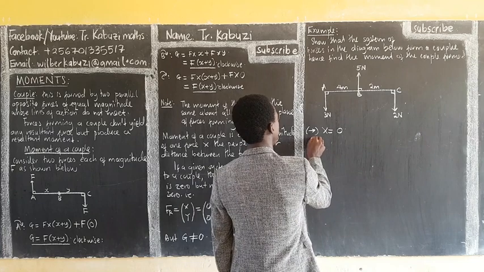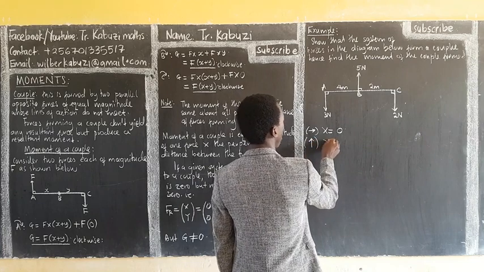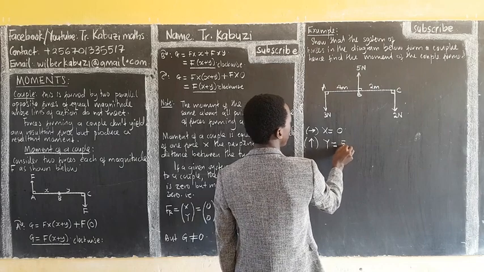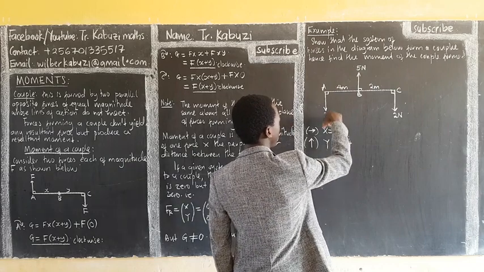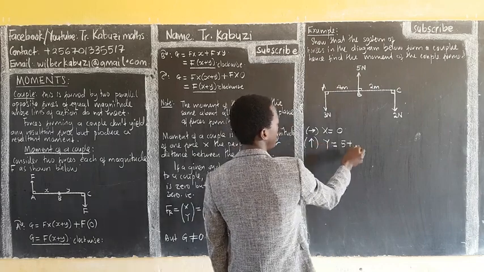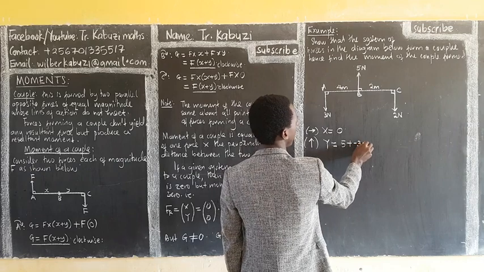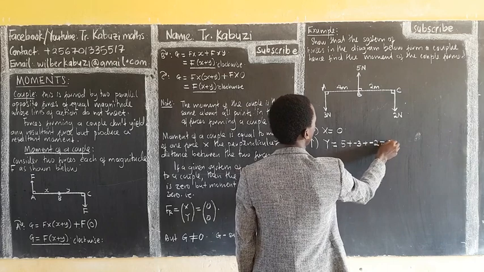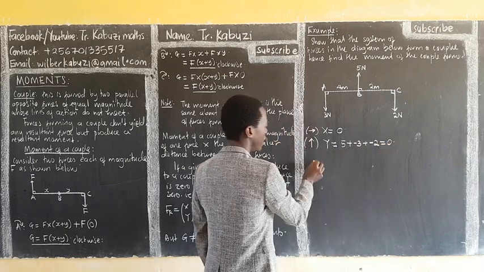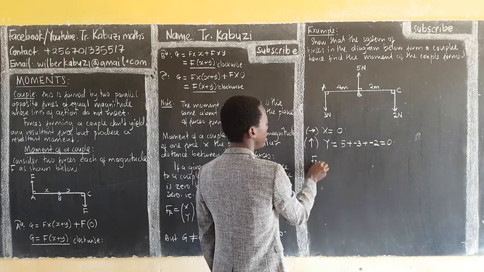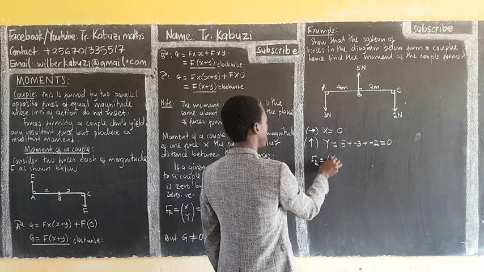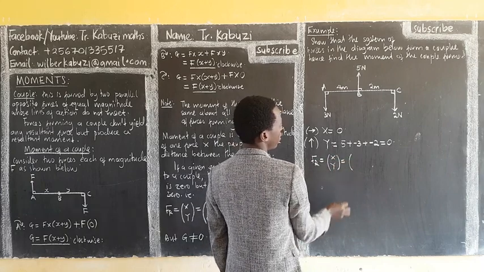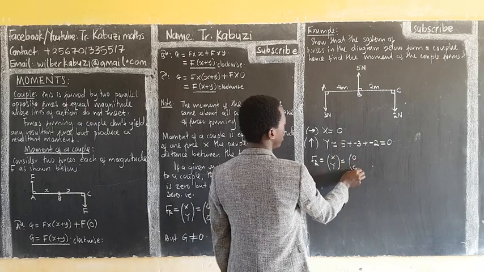When we resolve vertically in that direction, our y is going to be 3, then plus this one is opposite to this direction, so I put negative 3, then plus and negative 2. So this one is also going to give me a 0. So my resultant, which is given by the horizontal component and the y component, is going to be 0, 0.